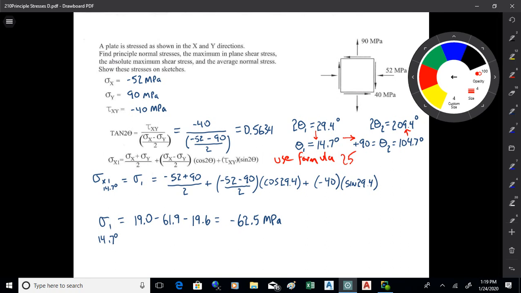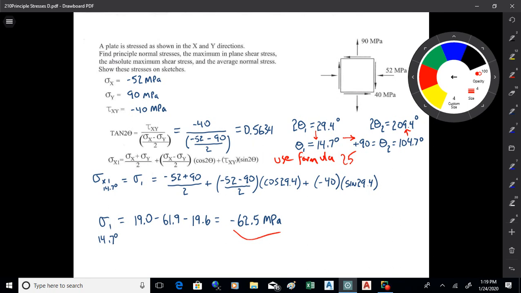Plug it into that. Okay. And when I run those numbers, I'll get negative 62.5. So what I know is at an angle of 14.7 degrees, I've got a negative 62.5 megapascals, and that's the maximum or minimum stress that acts in that plate.